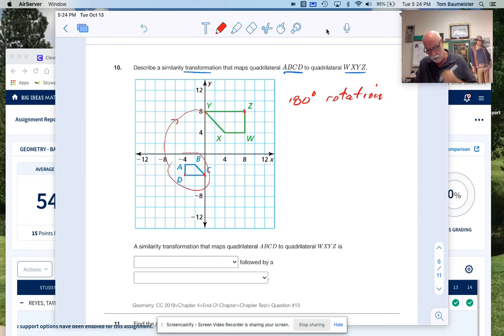And then remember, I told you to look at a dilation. So on this one here, we had 1. On this one here, it went to 2. If you wanted to check another one here, this one was at 2. It went to 4. So we have a dilation, and it is centered at 0, 0.